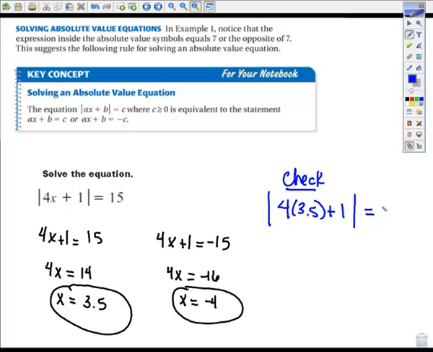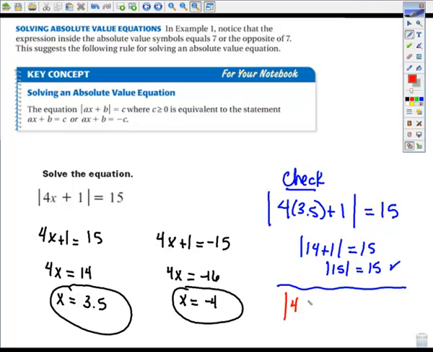I need to know, is that absolute value 15? Well, 4 times 3.5 is 14 plus 1 equals 15. So the absolute value of 15 is 15. So it checked. Let's try the other.